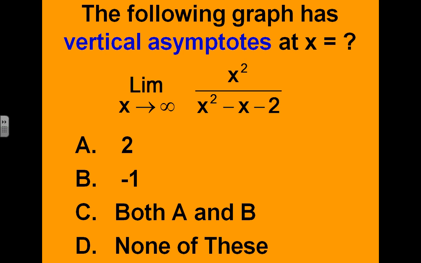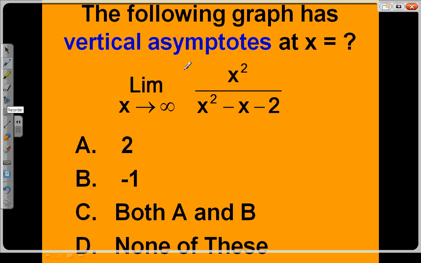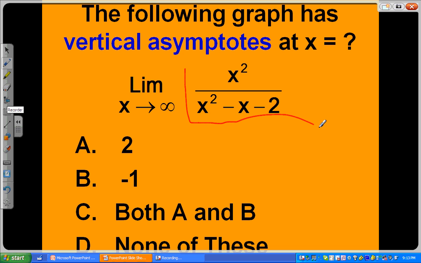Vertical asymptotes at x equals. The following graph has vertical asymptotes. Obviously, this question isn't asking the limit. It's just asking for you to look at this graph. Look at the graph, and where do you have vertical asymptotes?